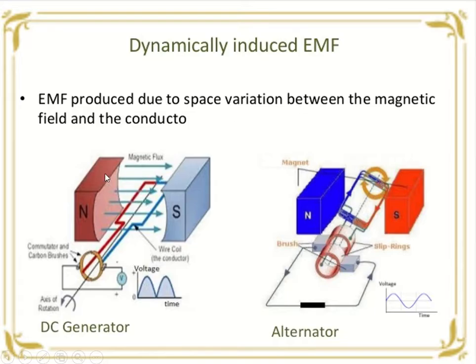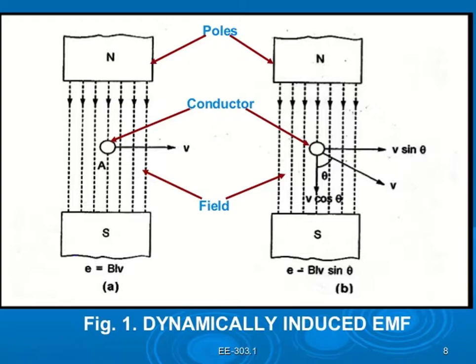As I already discussed, there are two possibilities. The first is the DC generator, where we rotate the magnet keeping the coil stationary. In the AC generator, we rotate the coil keeping the magnet stationary. These are the two main examples of dynamically induced EMF: generator and alternator. In the alternator, the coil is rotating. In the generator, the field is rotating.